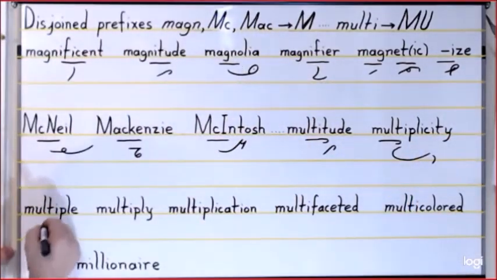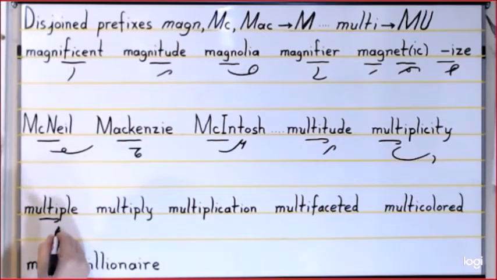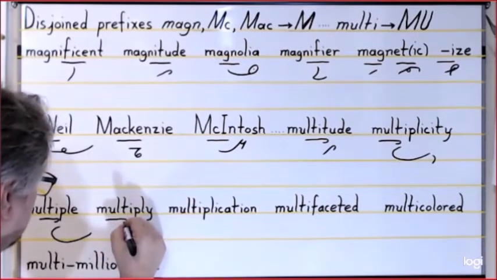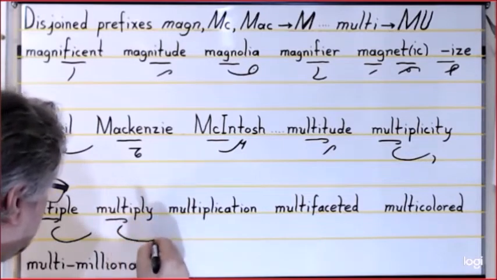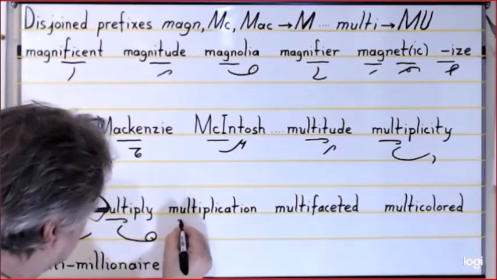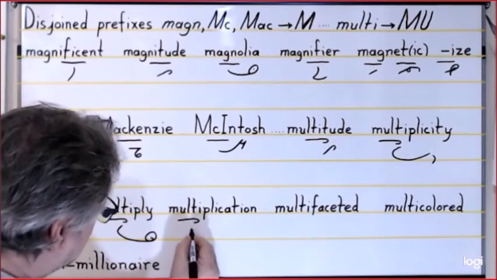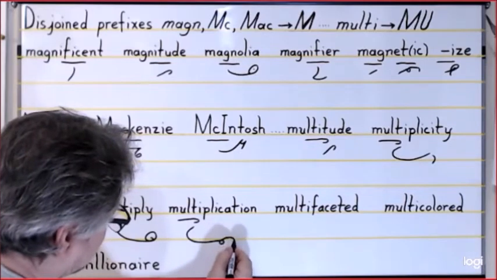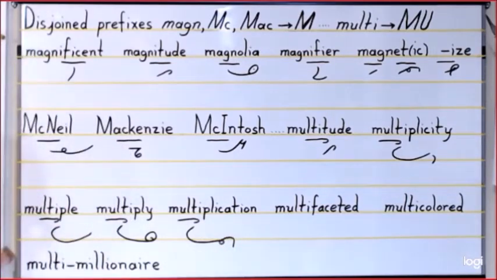For multiple, it is MU and then PL. For multiply, it is MUPL long I. For multiplication, it is MU and then PLEK, and an SH at the end there.